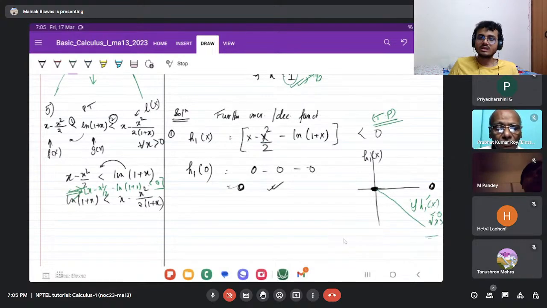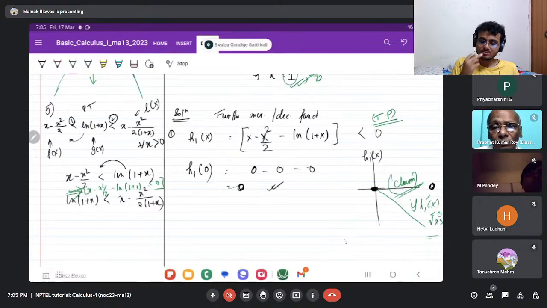It has to be a decreasing function. This is my claim. Yes, sir. Correct. If I am at 0 and I am decreasing, I will only go to negative, right? This is the idea.